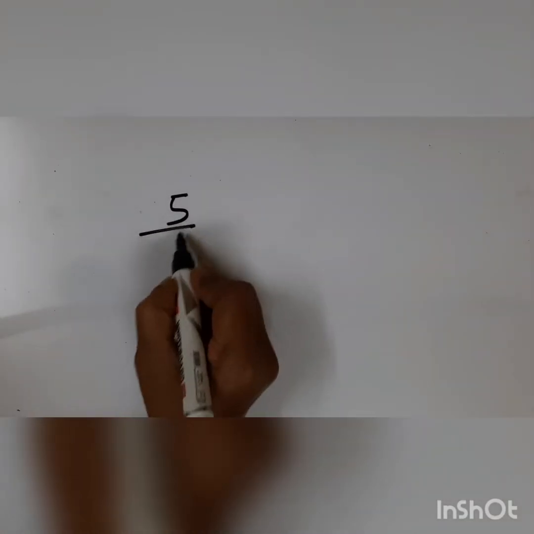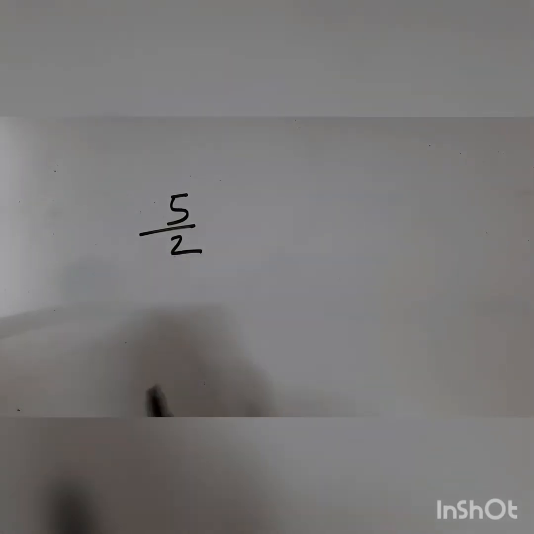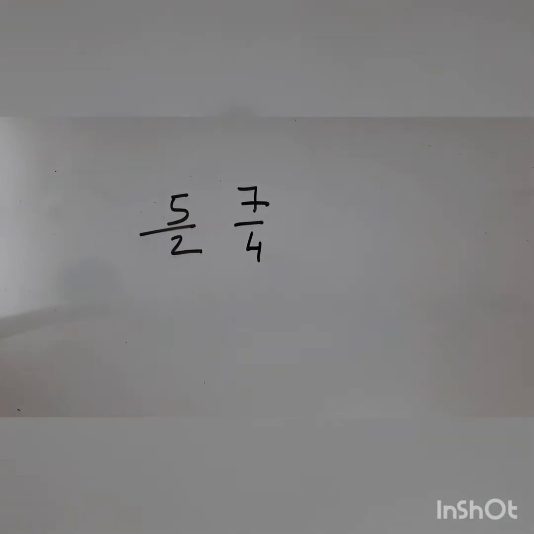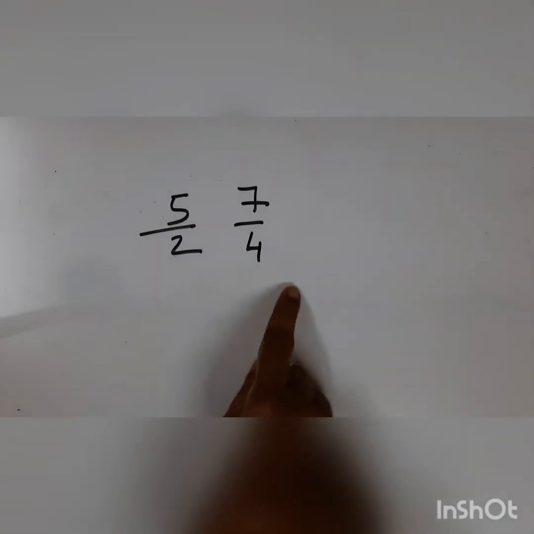Fraction in which the numerator is either equal to or greater than the denominator. Give me some examples. Give me from the text only, children, what you have done today. 5/2, 7/4. We call this an improper fraction.